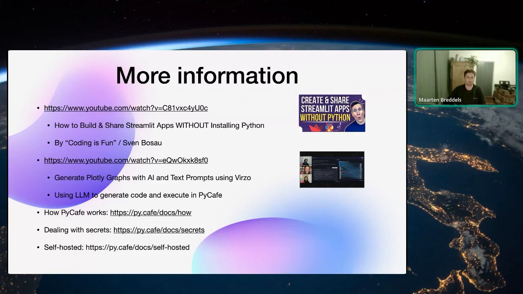I did not fully go into depth on how PyCafe works, so this document may be useful for you. Dealing with secrets is a very difficult problem because everything runs in the browser. How do you deal with secrets? We wrote something about that in these documents. And maybe you want to see how you can do the self-hosted solution.